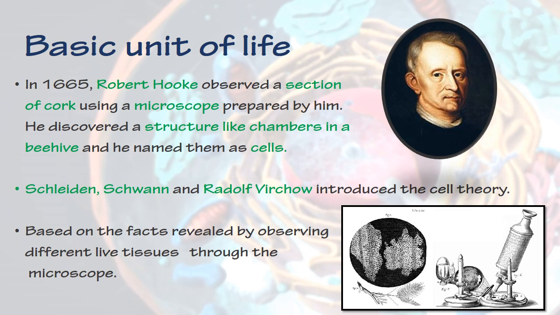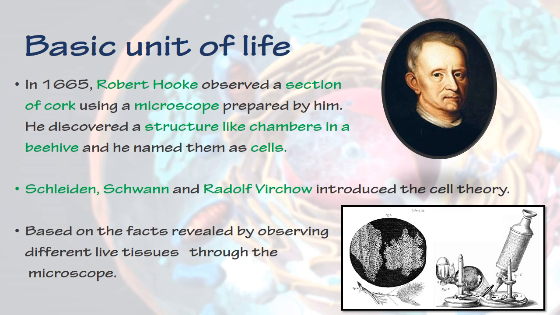Who discovered these cells? Yes, he is Robert Hooke. In 1665, Robert Hooke observed a section of cork using a microscope prepared by him. He discovered a structure like chambers in a beehive and he named them cells. Students, please remember this is a simple microscope prepared by him.